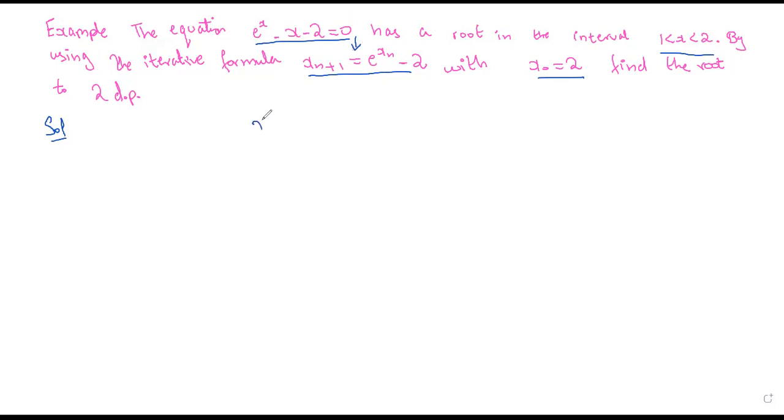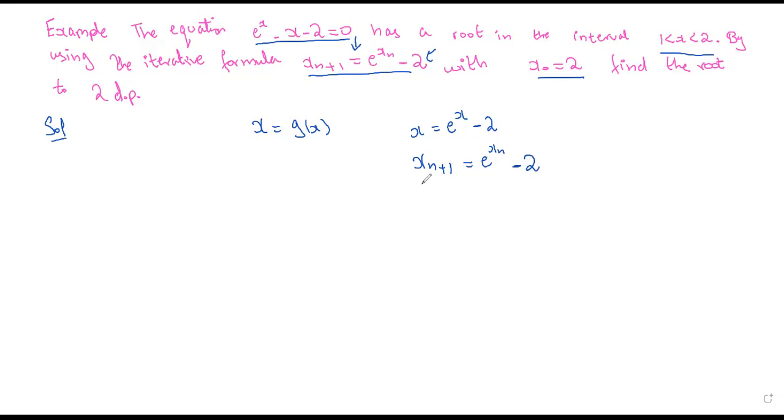So x equals g of x is x equals e to the x minus 2, and we know how to get the iterative formula by adding n plus 1 to the left hand side and n to the right hand side.